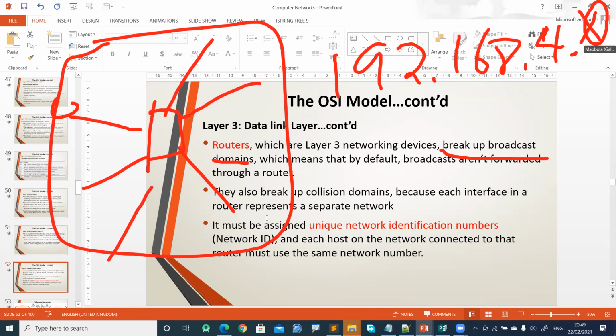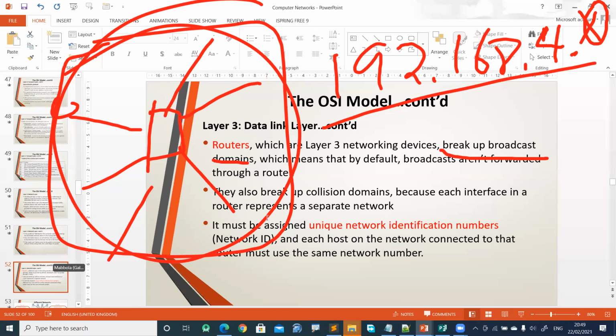We don't use the word x, but instead we use 0. 0 to represent 1, to represent 2, to represent 3. You know, it's like an empty space there. You can put the appropriate numbers. So this is the network. So now we know that a computer that wants to talk to all these computers on this network, there is a special IP address it uses to talk to all of them. What is that special IP address? If you have forgotten, then I'll be upset with you. Tell me.